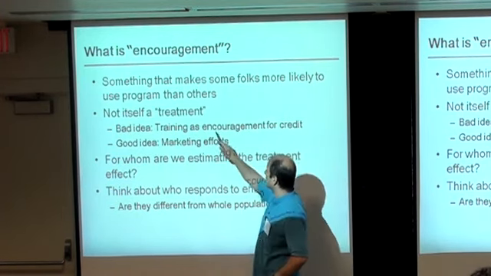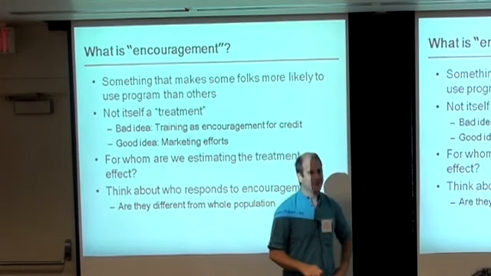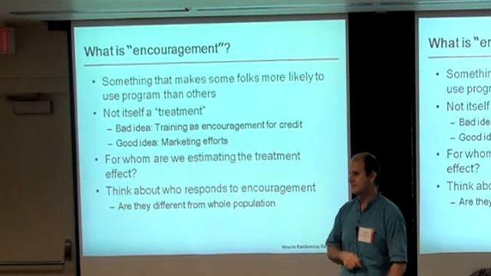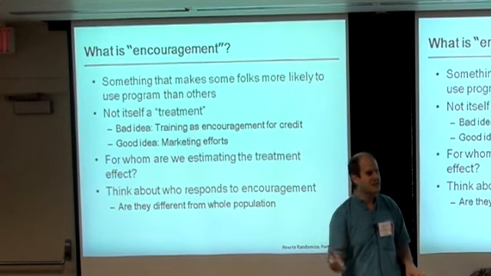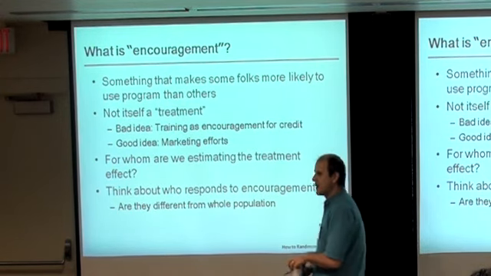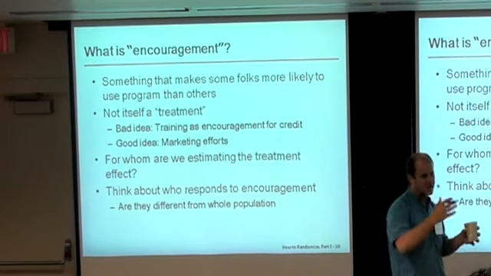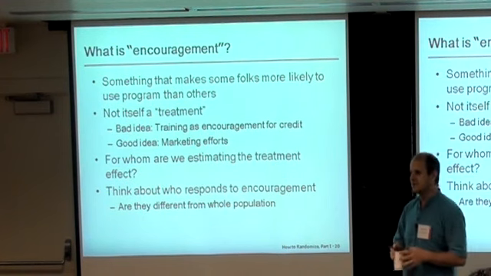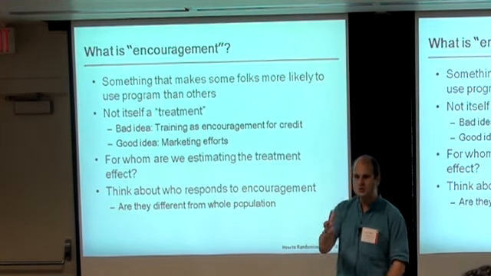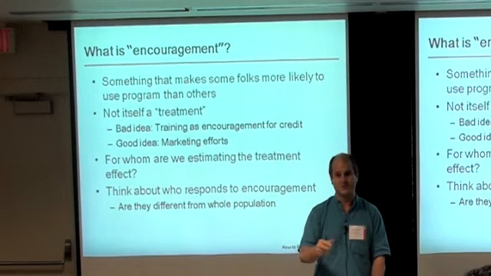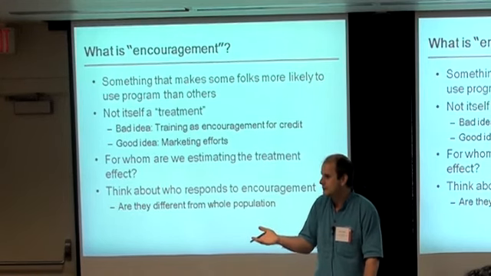Here's a bad idea. Let's provide training to people and that encourages them to use credit. Right? So let's bring them in, let's give them a big course about business management and how to use credit in order to take out a loan, and let's use that as an encouragement tool for measuring the effect of credit, because after doing this course they'll be more likely to borrow.